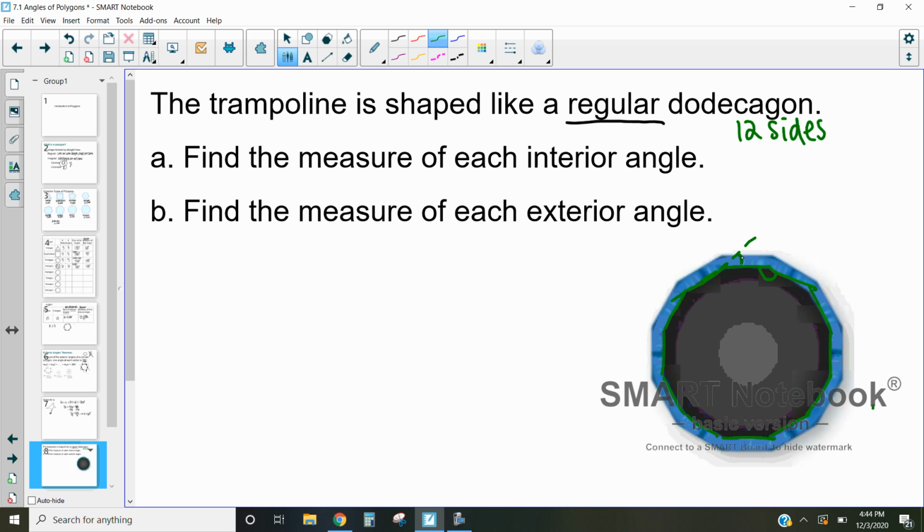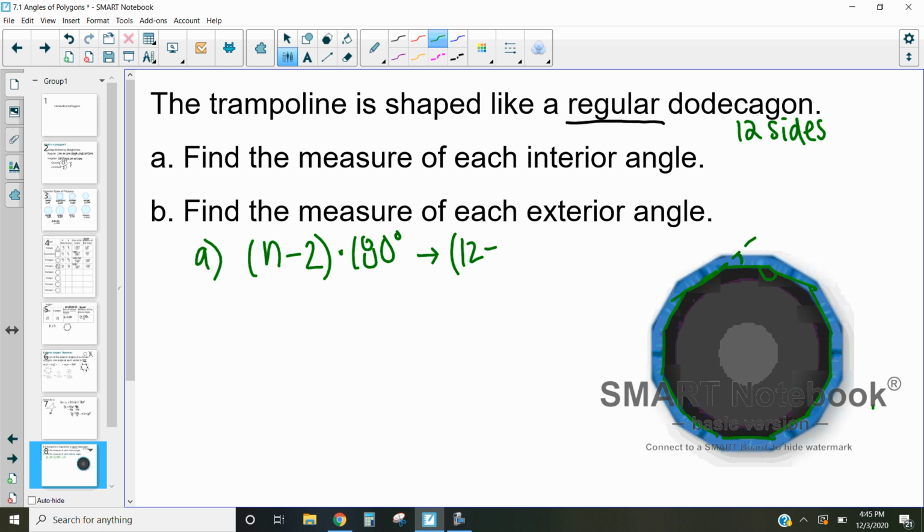Now, starting with part A, where we want to find the measure of each interior angle, we're going to initially start by using that sum of the interior angles theorem. And that's going to be the number of sides minus 2 times 180. And so our number of sides here is 12.